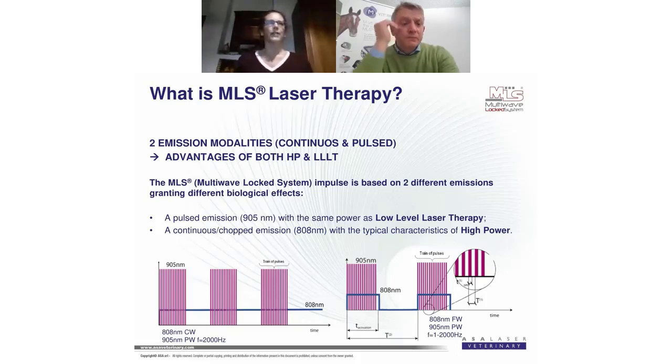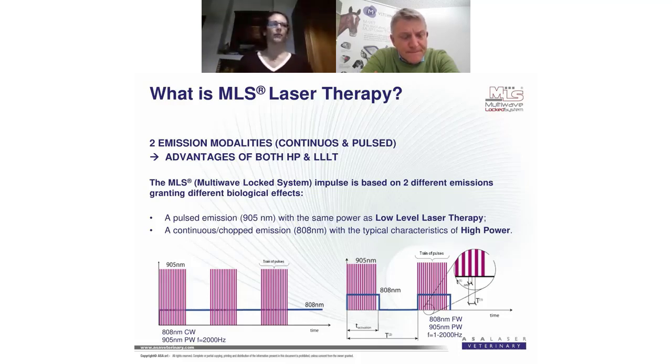Sometimes if I already did 2 protocols and I want to make another one, the last one will be the protocol for edema. And I don't want to give so much energy in the same point too many times, then I can use the scanning modality to finish, in a certain way, my therapy for that time.